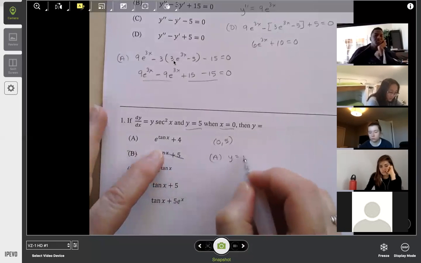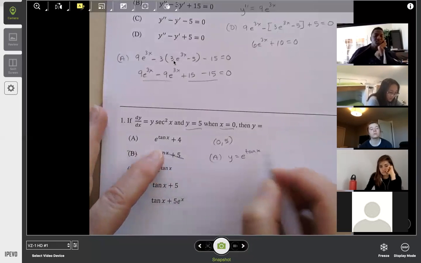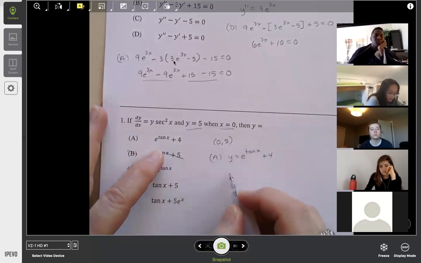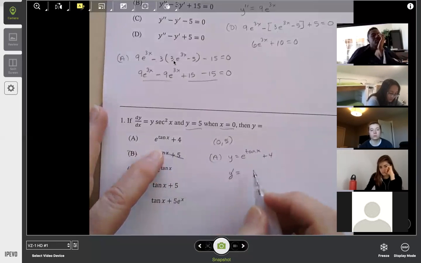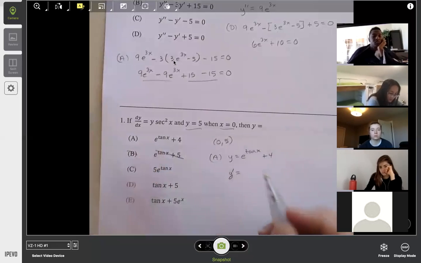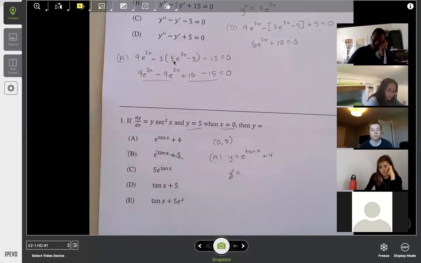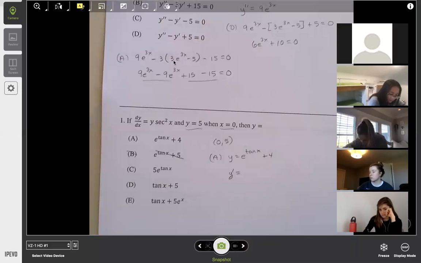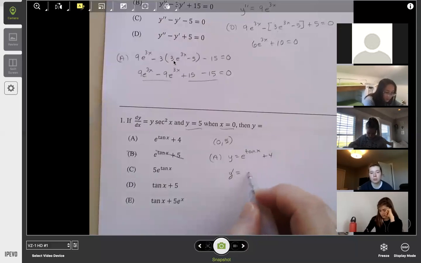So if y equals e to the tangent of x plus 4, so y prime, the derivative of e to the tangent of x. Adam, what would that be? Would that be secant squared x e to the tan x?